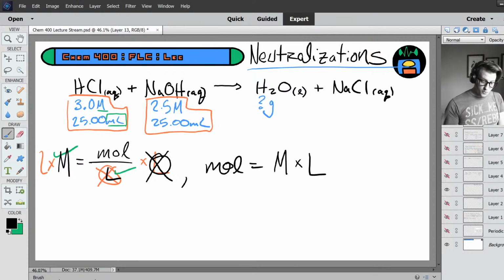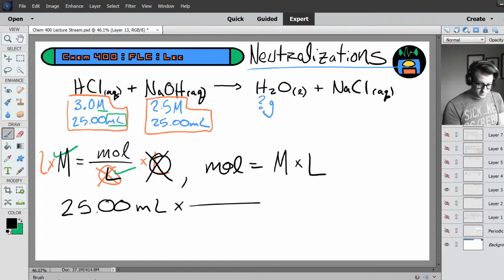So before we can use these two quantities, we need to convert from 25.00 milliliters to liters. You put milliliters in the denominator, liters in the numerator. 1 milliliter is 10 to the negative third liters.